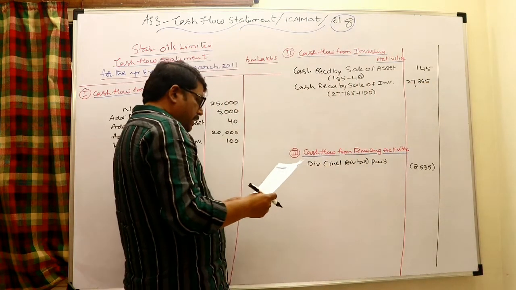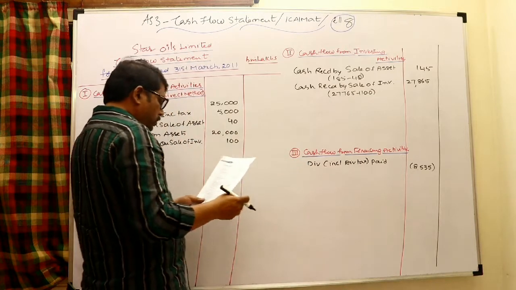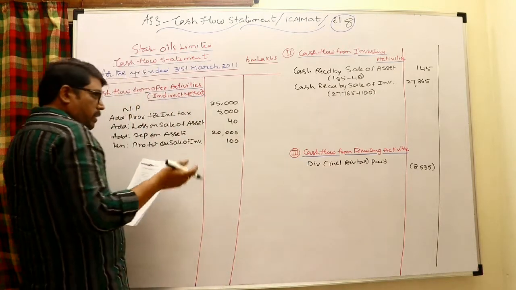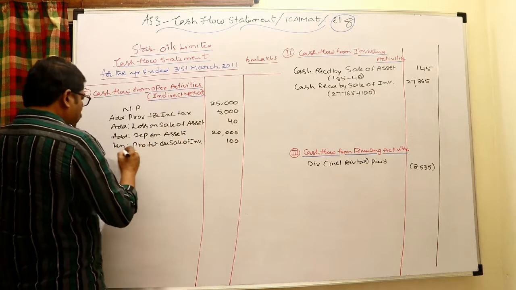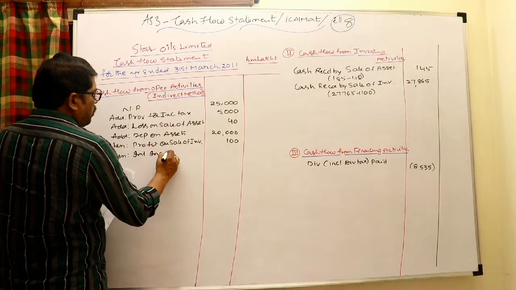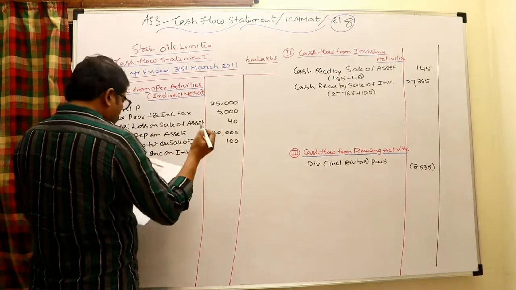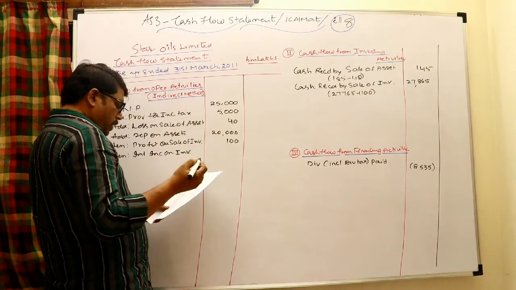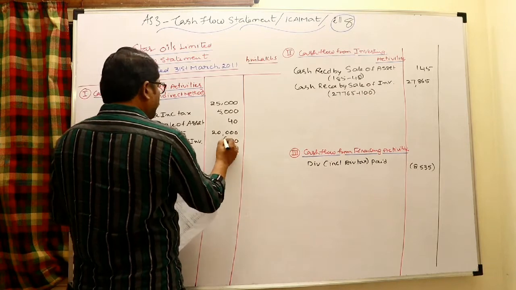Interest income on investments should be withdrawn here. Interest income increases profit, to be removed means less. Interest income on investments 2,506.